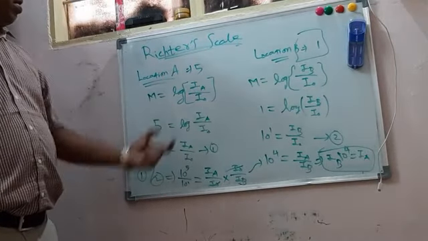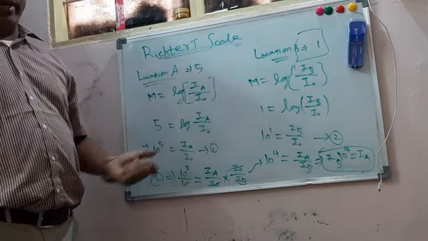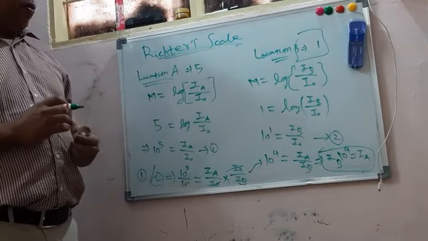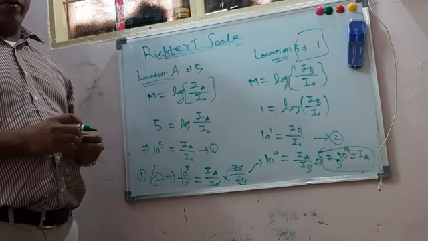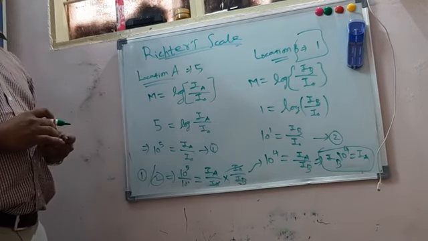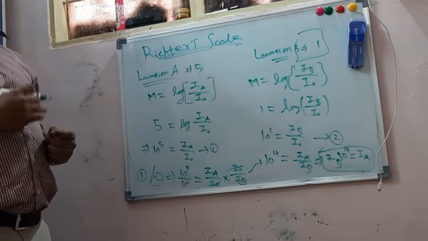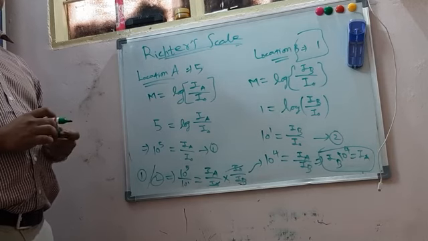So for such a small difference, 5 and 1 on the Richter scale, the actual difference in the earthquake's impact or power or intensity will be 10 power 4 times, 10,000 times of difference you will get.